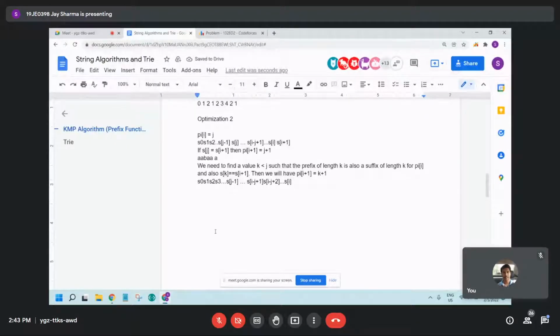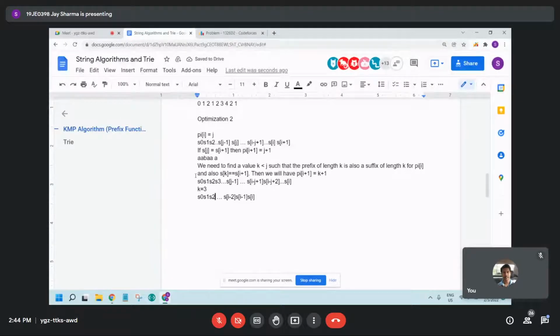Suppose this value of k here was equal to, let's say, 3. So s0, s1, s2. Now this is also satisfying the property at s of I minus 2, s of I minus 1, and then s of I. Now suppose k equal to 3.